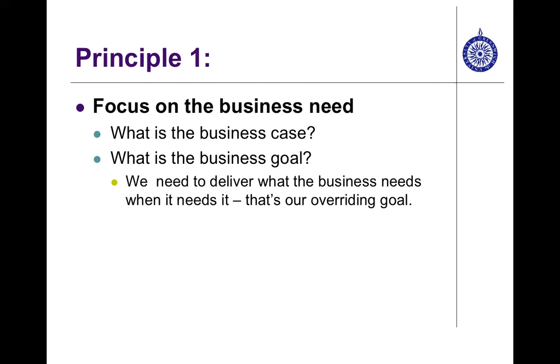And when that website meets every requirement, it meets the business goal. Understand? Yes or no? Yes. Okay. So, the main point according to the DSDM is we need to deliver what the business needs when it needs it.